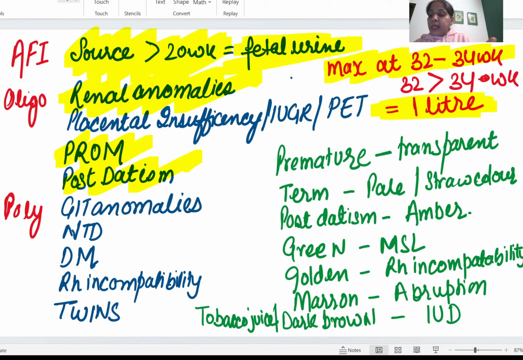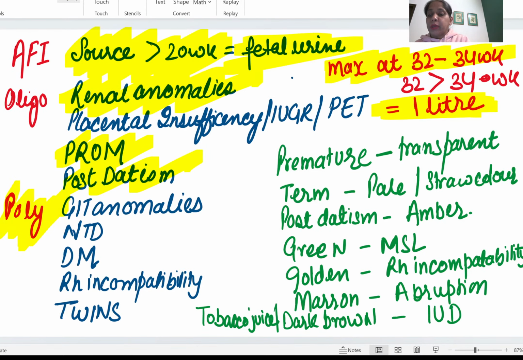Fetus passes urine and it forms the part of the amniotic fluid, and then fetus swallows that amniotic fluid, and again that fetus produces urine. All this occurs. So if the fetus has GIT anomalies, or you can say swallowing anomalies, then the fetus will not be able to swallow that fluid, resulting into polyhydramnios.